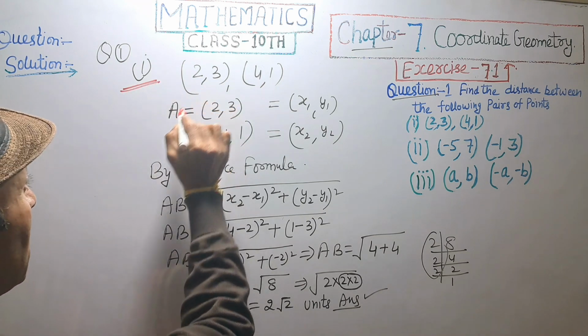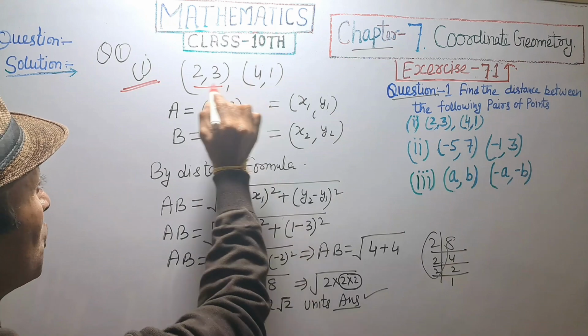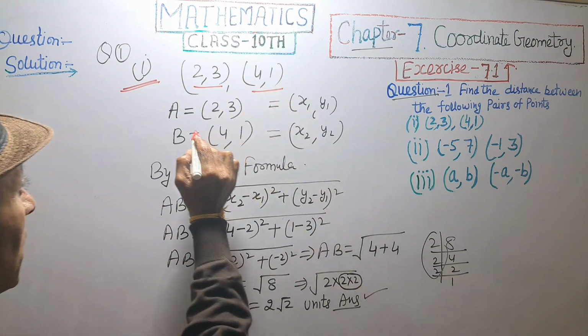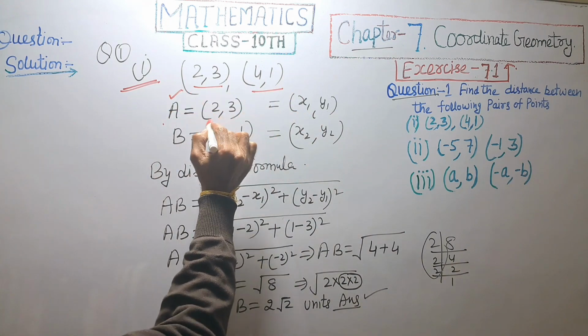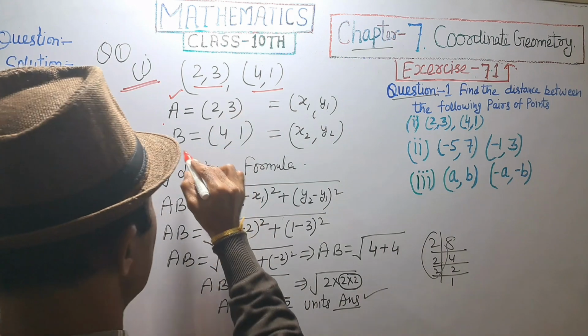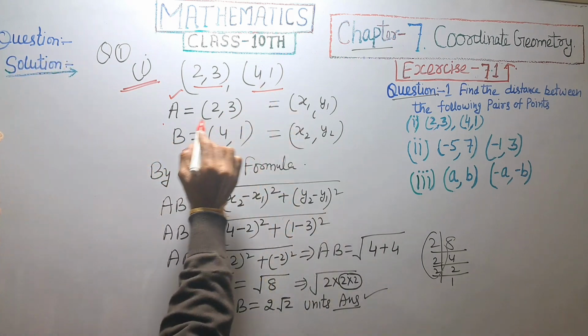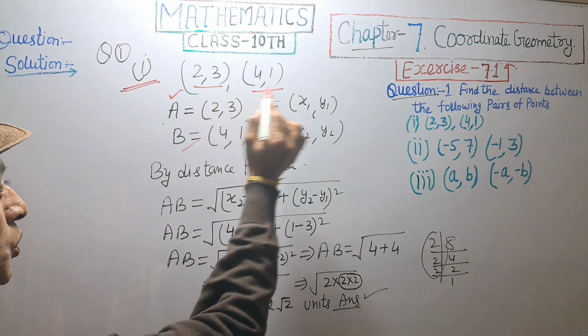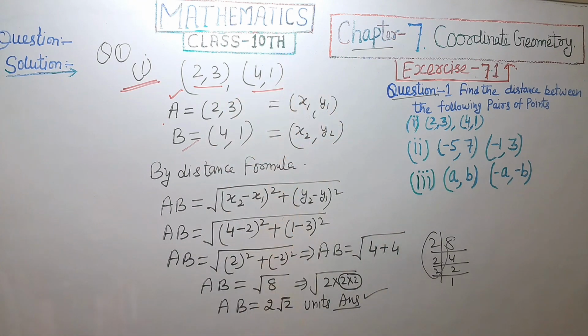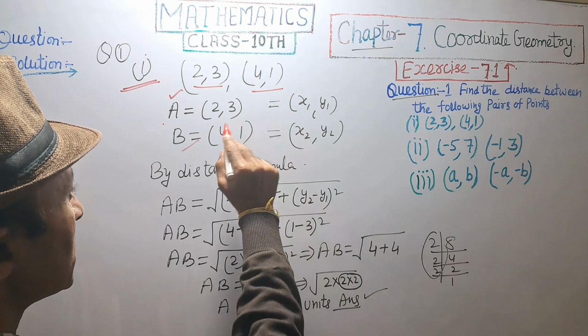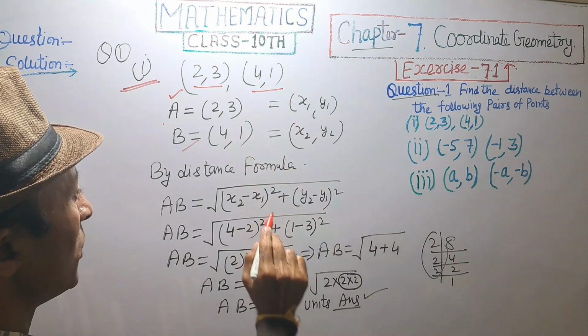Given (2, 3) and (4, 1). Let A be (2, 3) and B be (4, 1), with x1 equal to 2, y1 equal to 3, x2 equal to 4, y2 equal to 1.